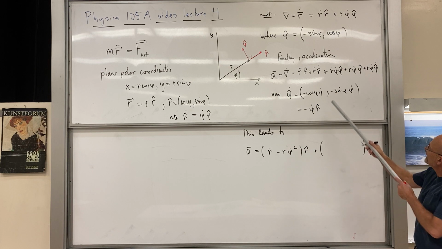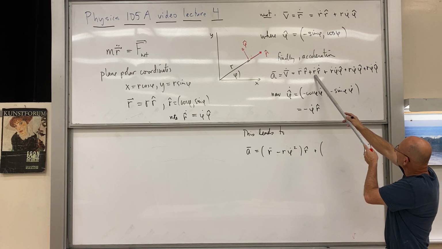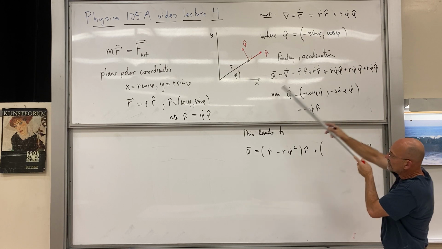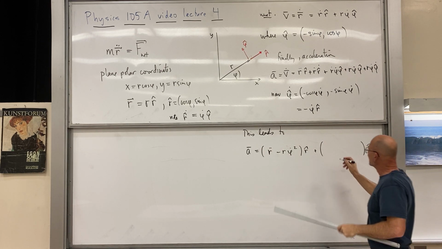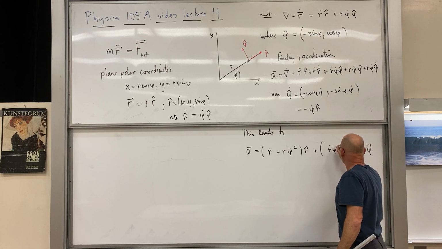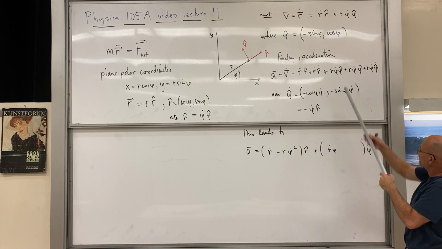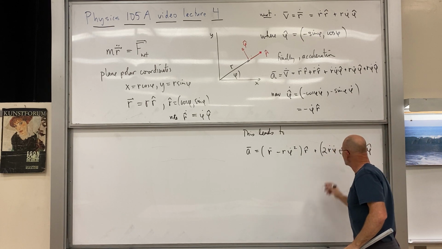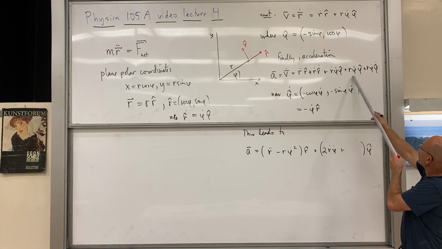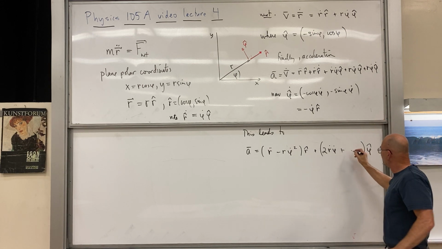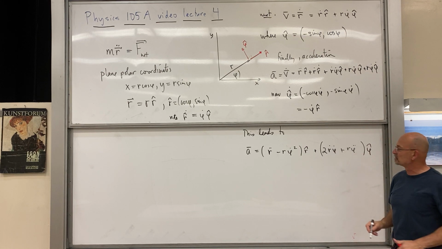And for the phi hat, we have this one here, r dot phi dot phi hat, but we're going to have a second one, r dot phi dot phi hat. So there's going to be two of these, and then the other one, r phi double dot phi hat. So there's our acceleration.